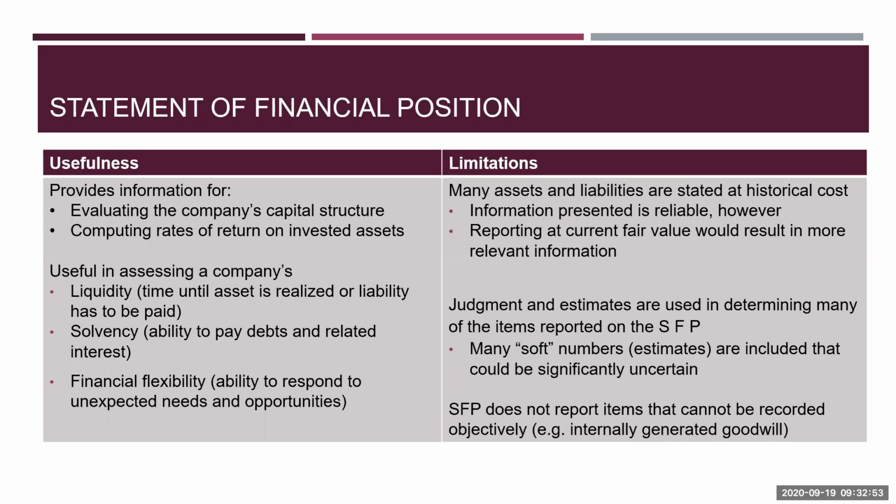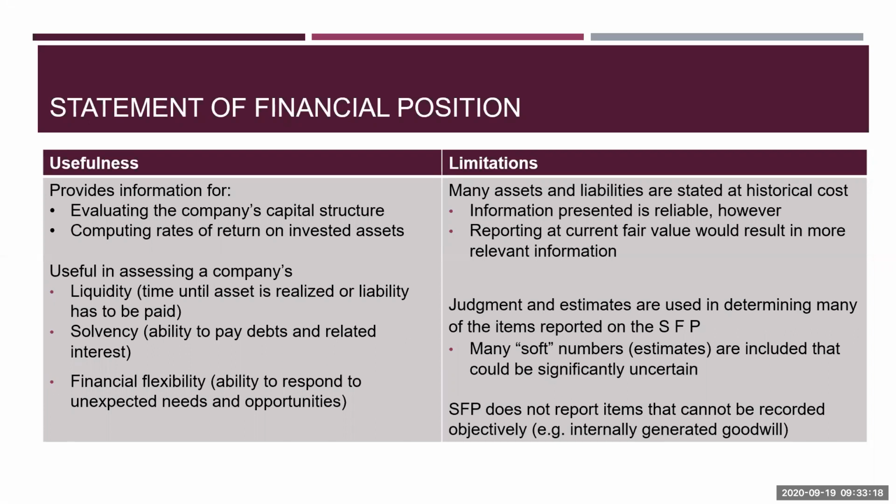Financial flexibility, on the other hand, is the company's ability to respond to opportunities or to unexpected needs for cash. So if the company already has a lot of liability in comparison to the assets that they have, then they would have lower financial flexibility.